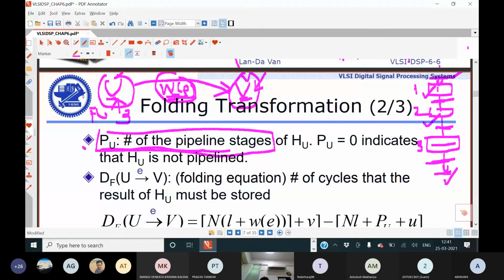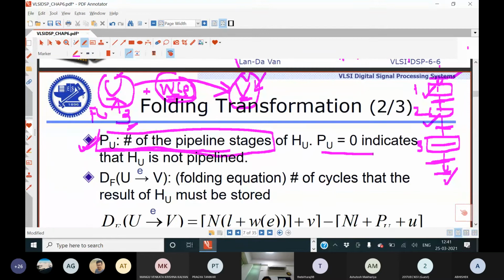That's why P of U, the number of pipeline stages of U, is very important, because it defines how much time U will take to complete execution. If U has 3 pipeline stages, then of course there will be a 3 clock cycle delay, plus this W E, and then we can start the execution.